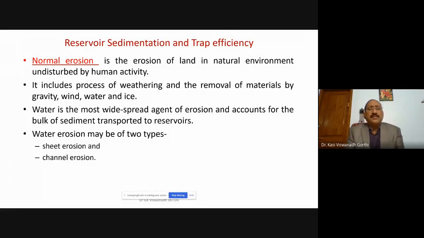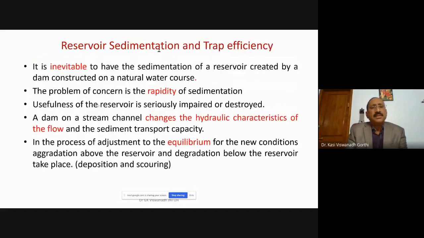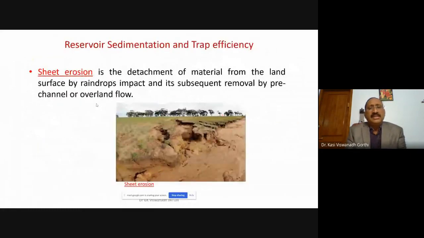Water is the most widespread agent of erosion and accounts for the bulk of sediment transported to the reservoirs. Water erosion is usually of two types: sheet erosion and channel erosion. Sheet erosion is the detachment of material from the land surface by the raindrop impact and its subsequent removal by the pre-channel or overland flow.